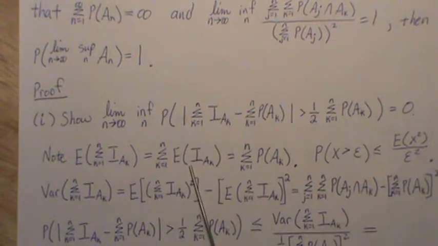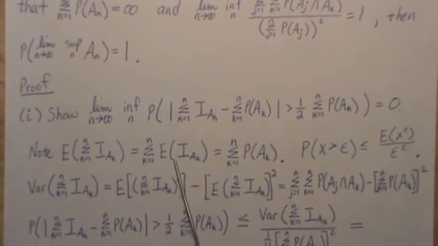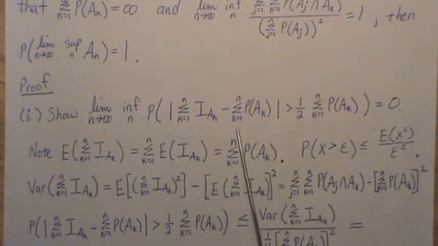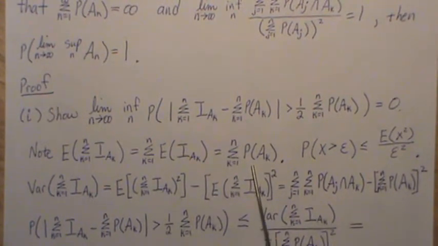The expected value of an indicator function only takes on two values, 1 or 0. So it's 0 times the probability of that 0 happening, which is 0, and 1 times the probability that this event happens. So it's 1 times P(A_K). So it's the sum of those probabilities.